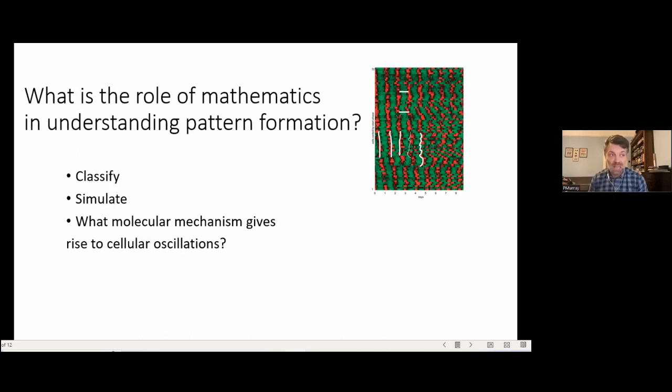So in the next slide, you might be wondering at this point, well, what's this got to do with mathematics? So we can obviously use mathematics to try and understand patterns that we see in nature. So I've just explained to you what the image is on the right, and then I've scribbled some white lines on top of it. So we can use mathematics to classify patterns that we see. Those horizontal white lines are me trying to make a readout of what the period is of this pattern, right?